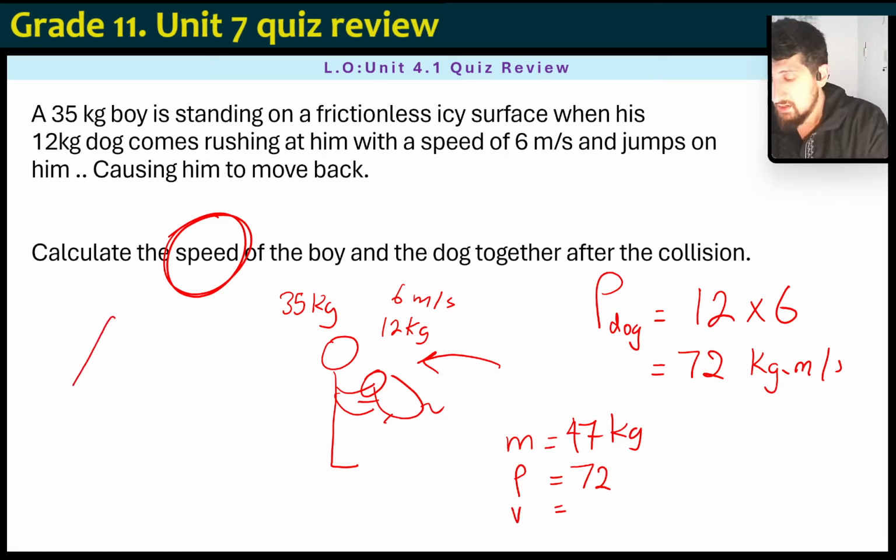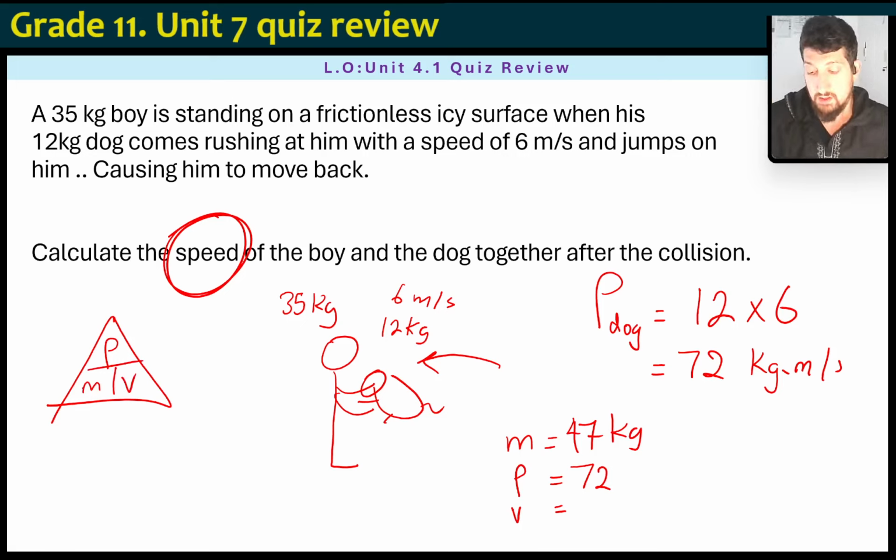Remember, momentum is equal to mass times velocity. So it's 72 divided by 47, and therefore the velocity is going to be 1.5 meters per second. Simply speaking, it's 72, the total momentum, divided by 47, the total mass of the dog and the boy moving together. And it's 1.5 meters per second.